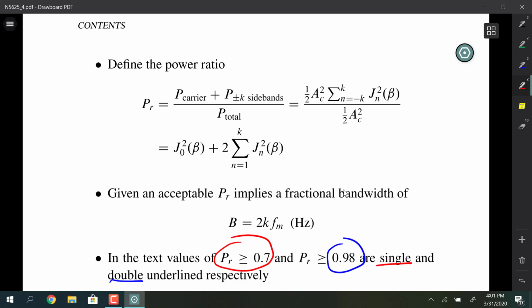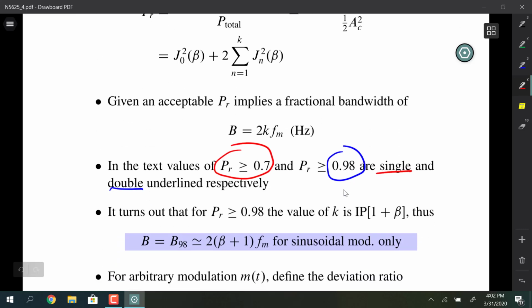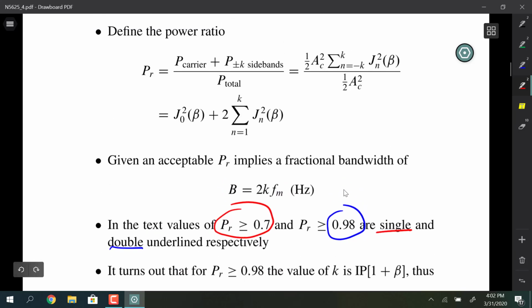Remember, there you had to get the power in the carrier plus the power in the sidebands, but the total power of an FM signal, or angle modulated signal, is always 1/2 the amplitude squared. So when you normalize that out, the fractional power is J0 squared, and then 2 times, because of the even symmetry, 2 times the sum of the powers in the sidebands.